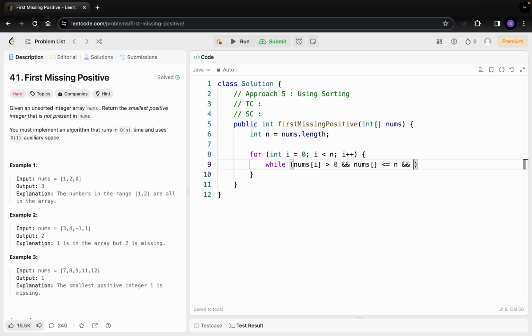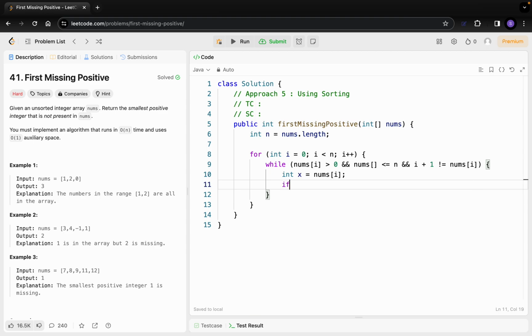And i plus 1 is not equal to nums of i, so it means it is not at the expected position. I will take x as nums of i, and I will check whether it is at the right index or not.